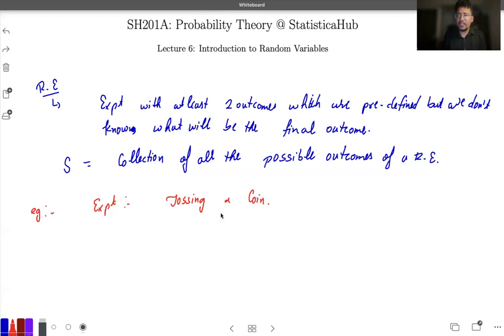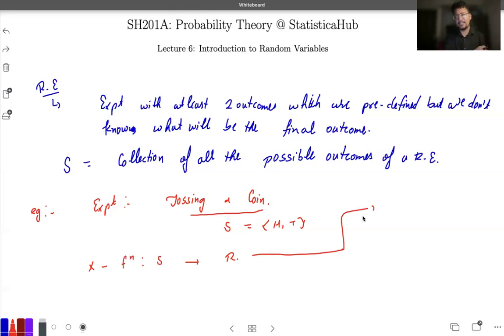So if you toss up a coin, then we know the possible outcome, the sample space, will be head, tail. Correct? Okay. Now I told you this random variable X is some sort of function defined on the sample space, taking some values in the real numbers. Technically, using some mathematical notation that you may have encountered in earlier classes, maybe 9th, 10th, 11th, 12th, you just say y is some function of x.